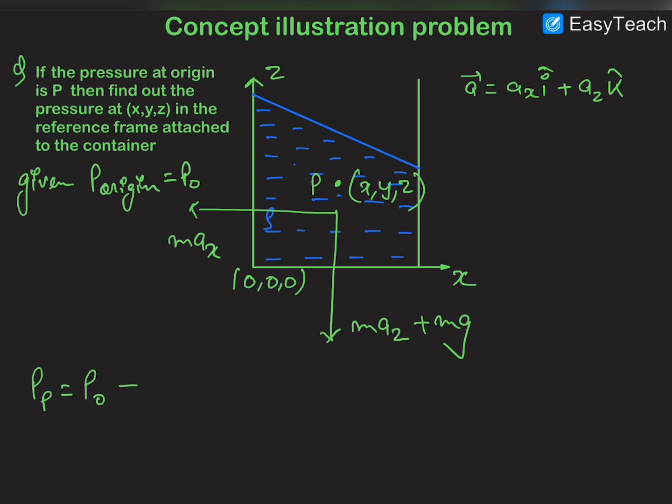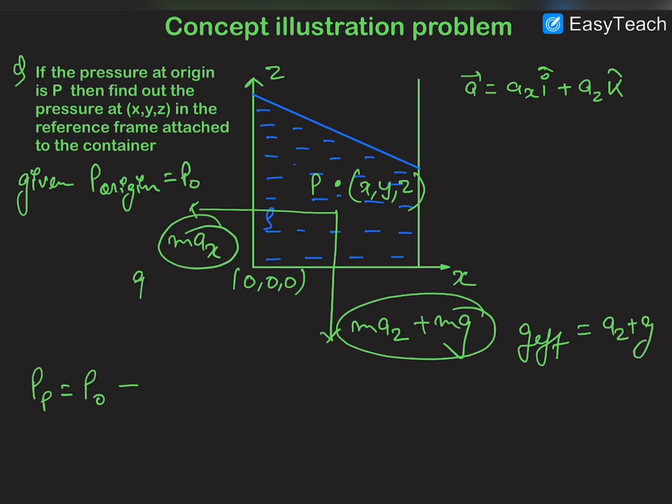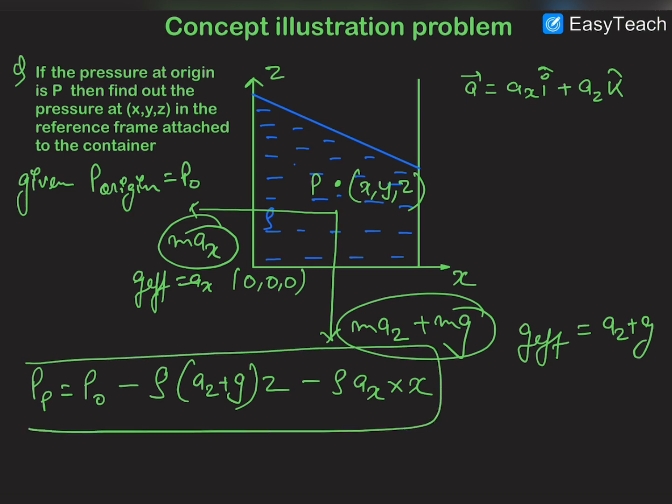So we will write minus of the g effective in this direction. g effective will be equal to az plus g, and g effective in this direction will be ax. So minus of rho into az plus g, and the distance traveled in the z direction is z, and minus of rho into ax into the distance traveled in the x direction, which is x. So this will be the pressure at this point P.